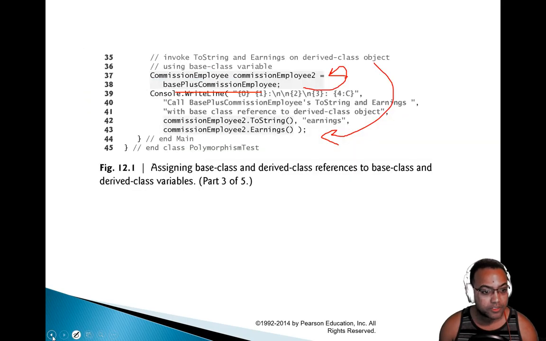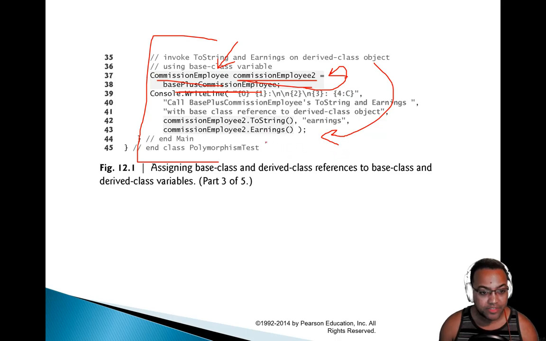Let's go back and look. So this is the last call that we did right here. We said, I want the base class commission employee object to be in the commission employee 2 object with the commission employee data type. That means it's no longer a derived class object, it's a base class object, because we said I want to use the base class data type.